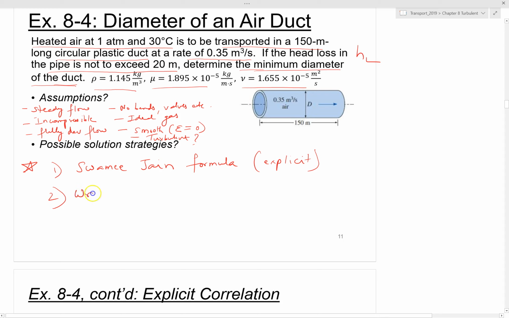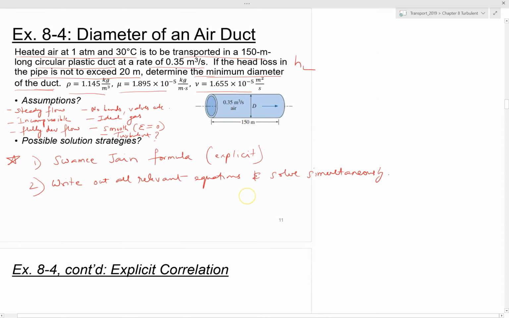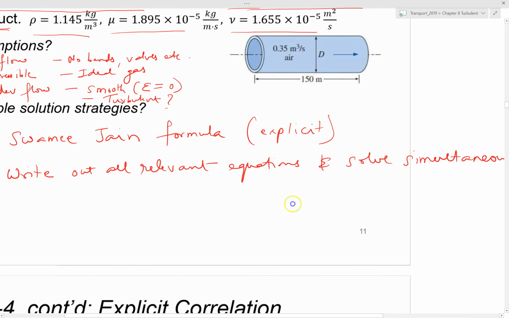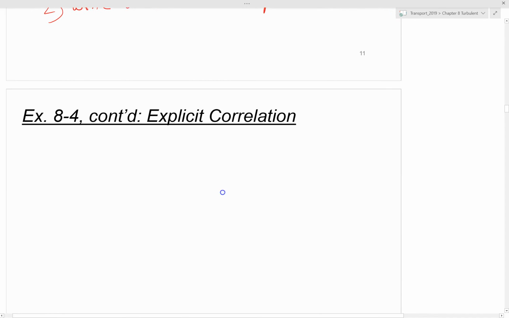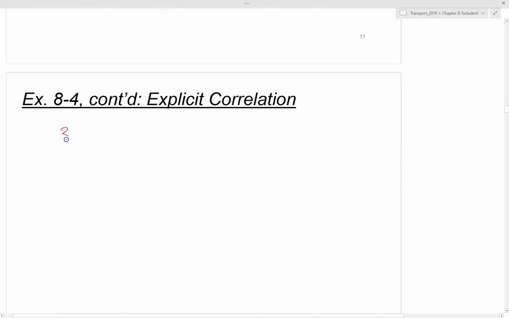So write all relevant equations and solve simultaneously. Okay. So, the explicit correlation, which is the third equation in the Swamee-Jain formula.